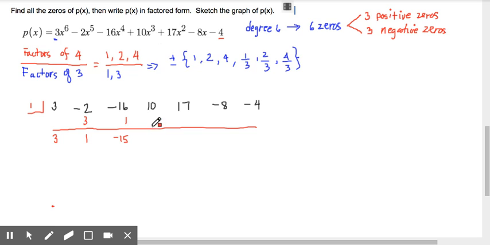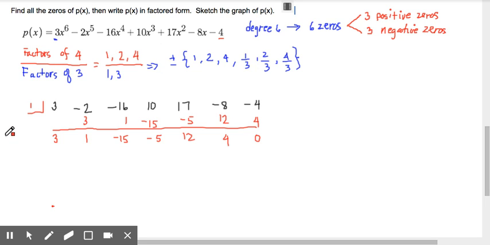Negative 15 times 1 is negative 15. 10 minus 15 is negative 5. Negative 5 times 1 is negative 5. 17 minus 5 is 12. 12 times 1 is 12. Negative 8 plus 12 is 4. 4 times 1 is 4. And we notice that we get here a 0. Great, 1 is a 0.